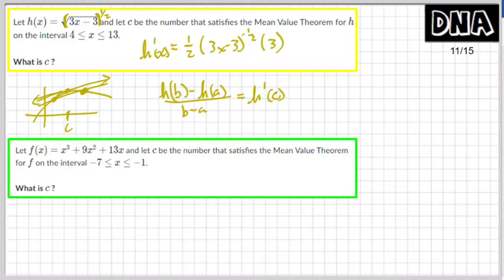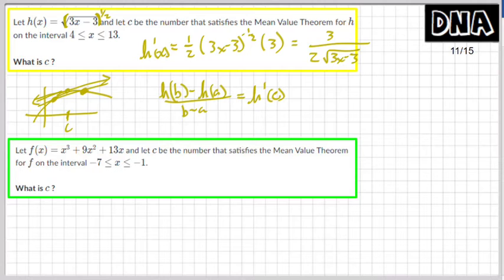Now I can simplify this. I don't really want to, but I'm going to do it anyways. It would be 3 on top, 2 would be on the bottom, and the square root of 3x minus 3 would be multiplying to the 2.